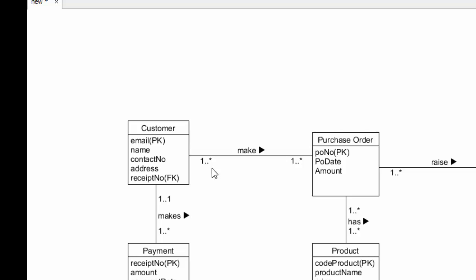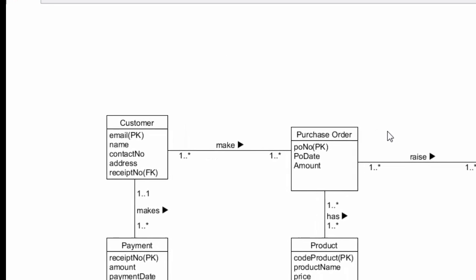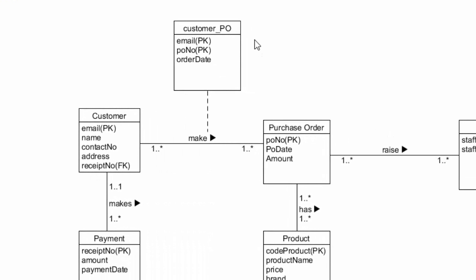Because there are many to many relationships, so we need to make the relationship become entity. So now the relationship become entity, and the attribute here was email, PK from customer and PK from purchase order, and order date.